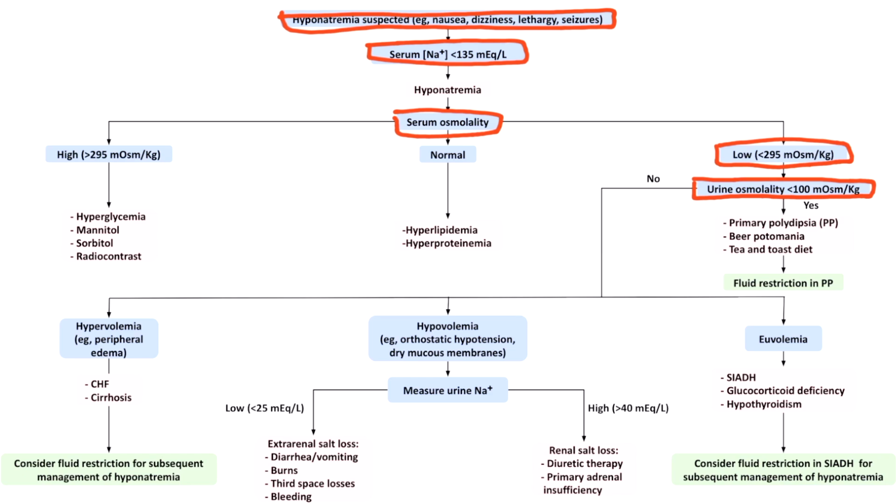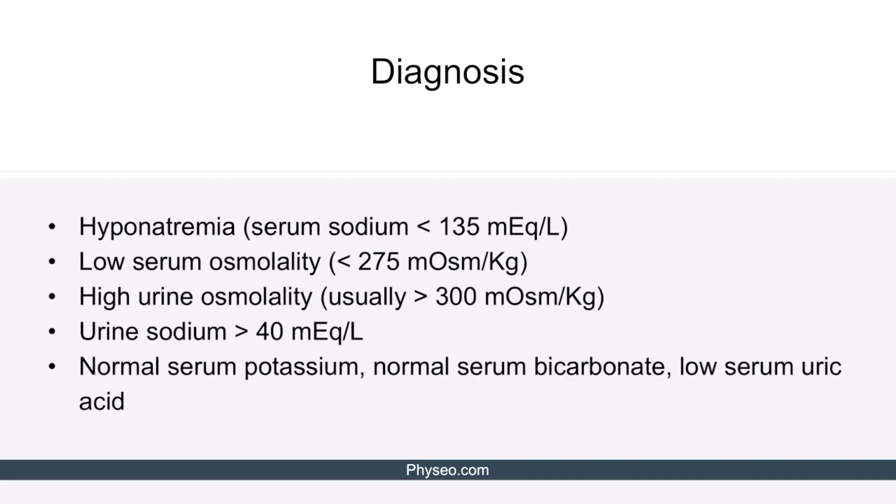If the urine osmolality is not lower than 100 milliosmoles per kilogram, and the patient has no signs of hypervolemia or hypovolemia, then the causes that should be considered are SIADH, which is the most common, as well as glucocorticoid deficiency and hypothyroidism.